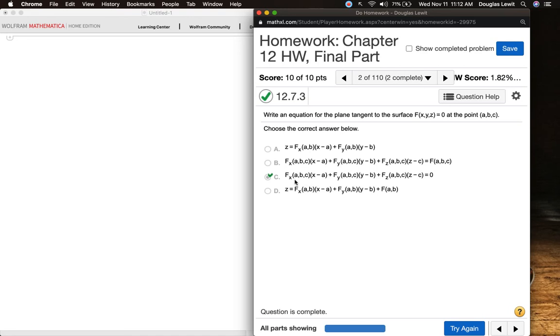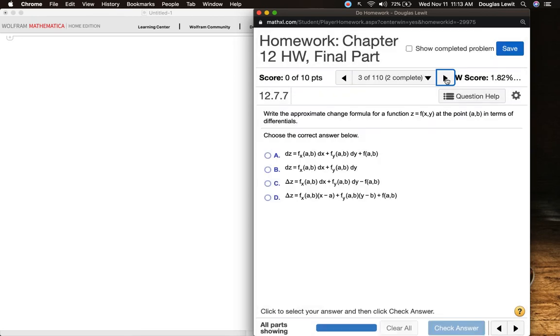Remember, A is a specific value of x, B is a specific value of y, C is a specific value of z. You need three variables to define the function, but you also need three arguments to define these partial derivatives because they too are functions of three variables. That's a little tricky. You have to really think about that a little bit. Okay, let's move on.